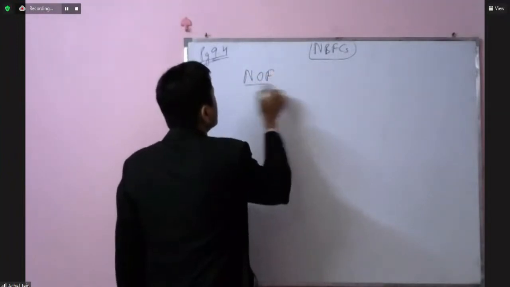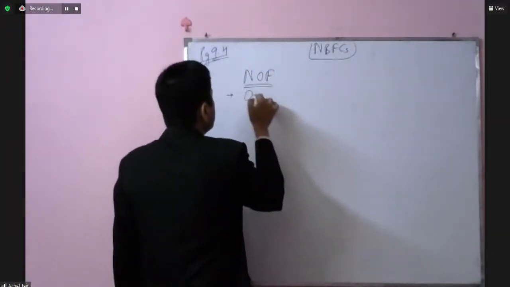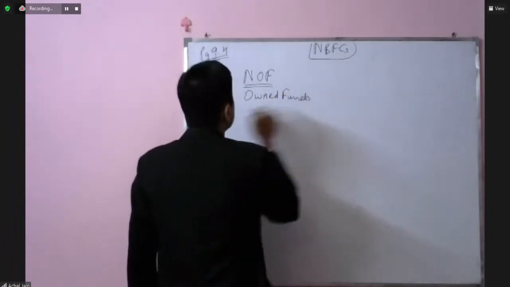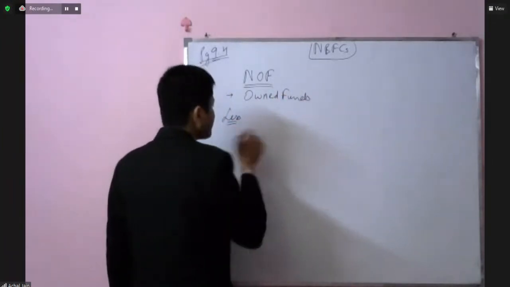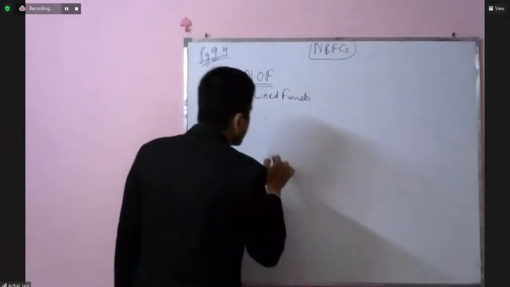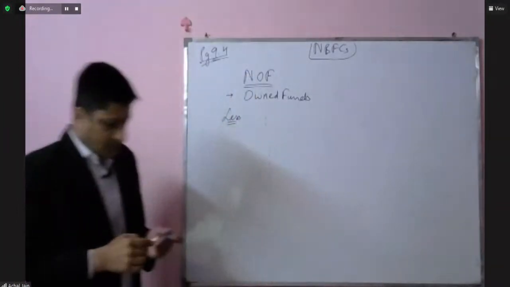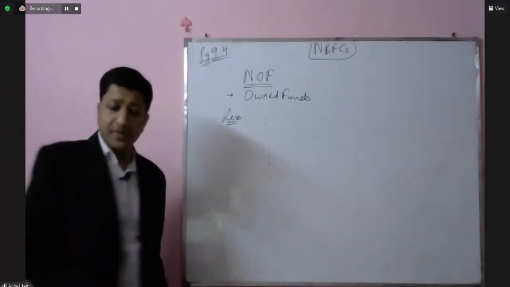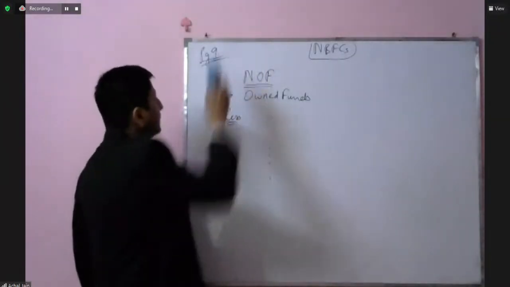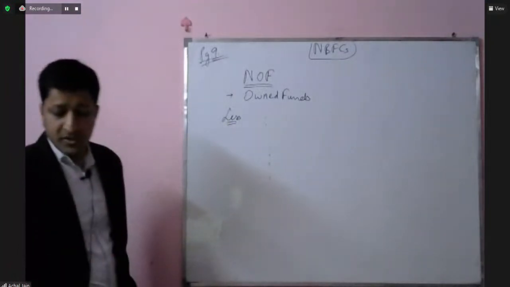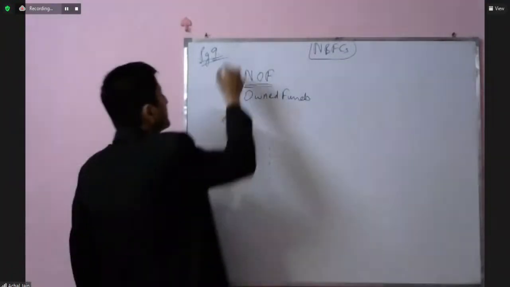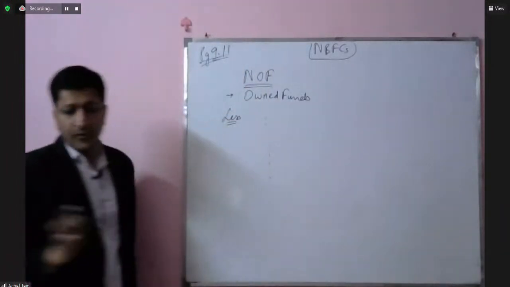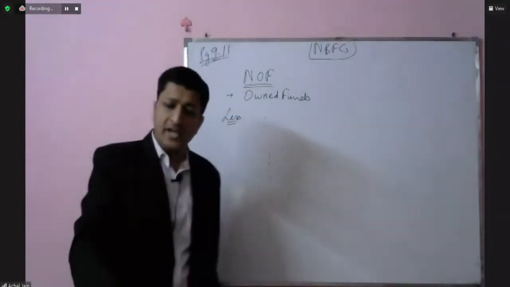Net owned fund means owned funds less certain items. I'm not putting down all of those items. Those are given on page number 9.11. You can all go to this page number 9.11, please. So I'm not writing down the full formula. It's given over there.